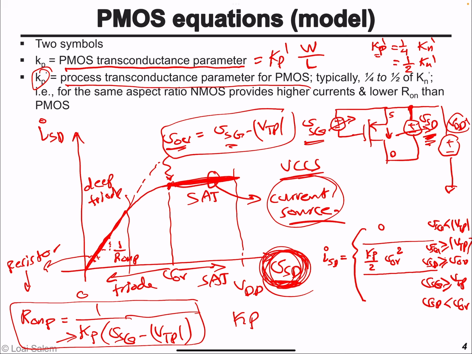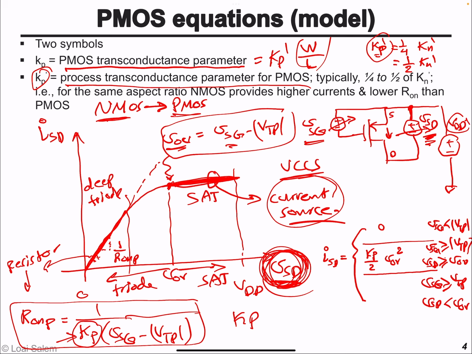And so for the same width and length, we can expect that the NMOS will provide higher current than a PMOS for the same channel dimensions. The NMOS transistor is better than a PMOS because it provides a higher amount of current and lower equivalent on resistance, because Kn is larger than Kp by 4 times to 2 times, depending on the technology.